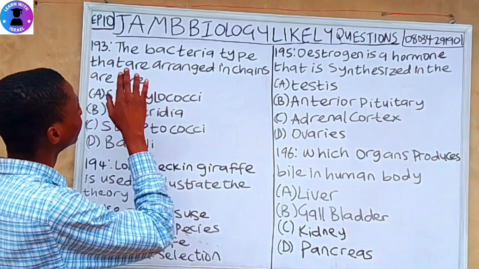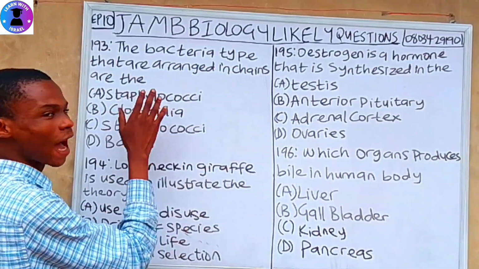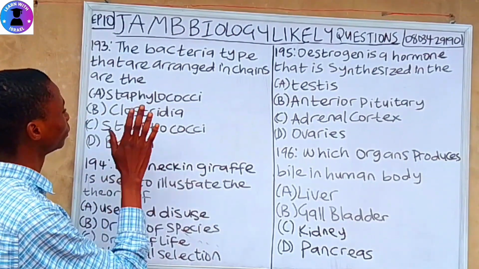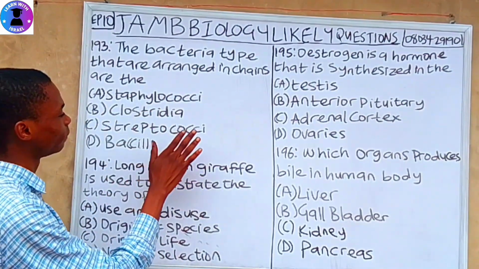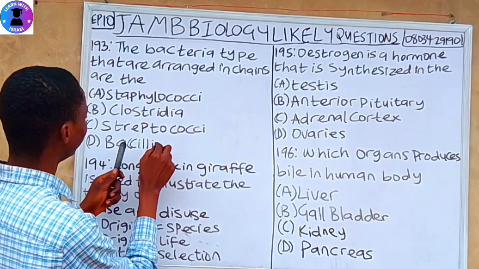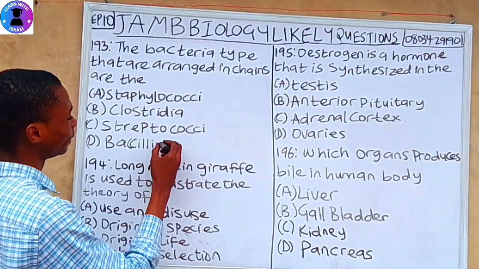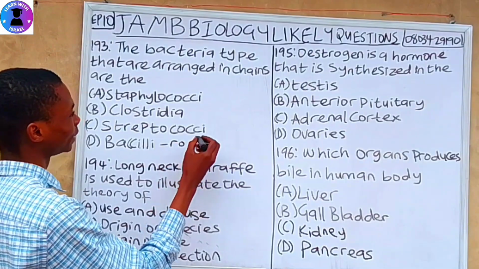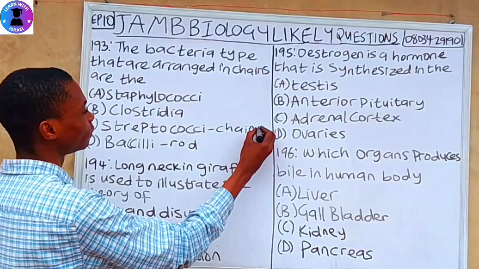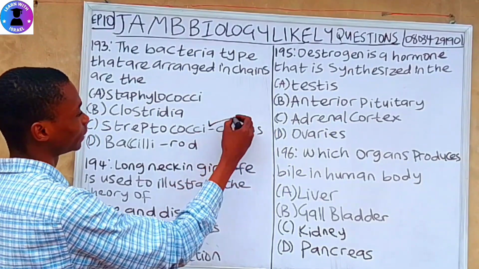Question 193. The bacterial type that are arranged in chains is: A. Staphylococci, B. Clostridia, C. Streptococci, D. Bacilli. So let's start from Bacilli. Bacilli is arranged in rod, while Streptococci is the one arranged in chains. So Streptococci is the correct answer.